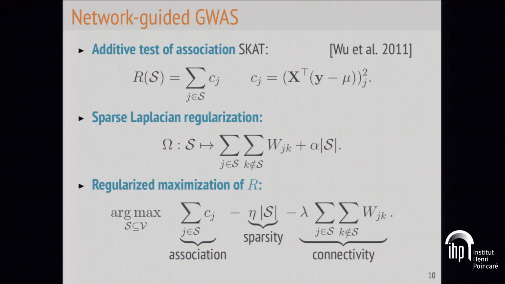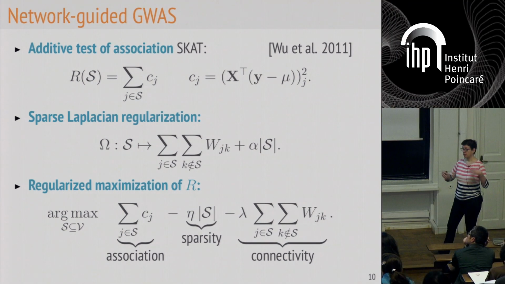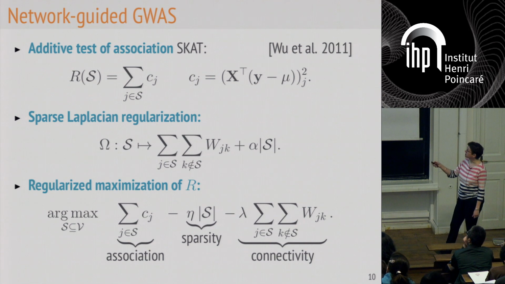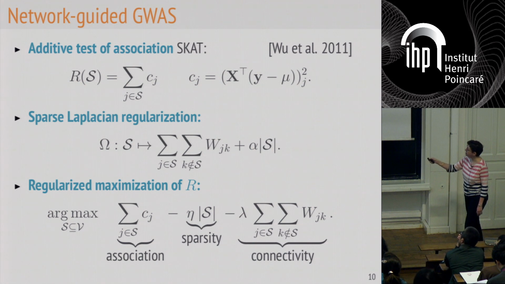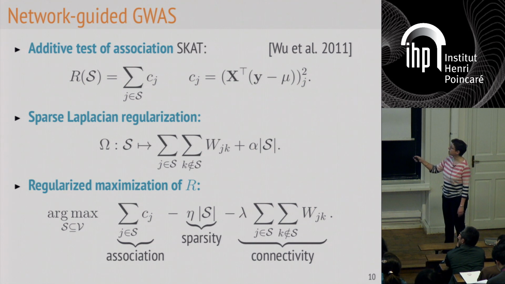And it turns out that I can also build a regularizer that is very similar to the one used to enforce smoothness of the coefficients over the network in the lasso case. I can also build this in this setting. It's this term here. If you look at it closely, W is my adjacency matrix.